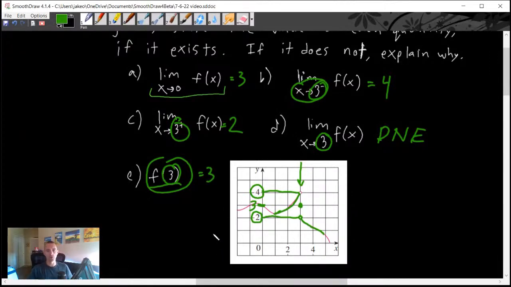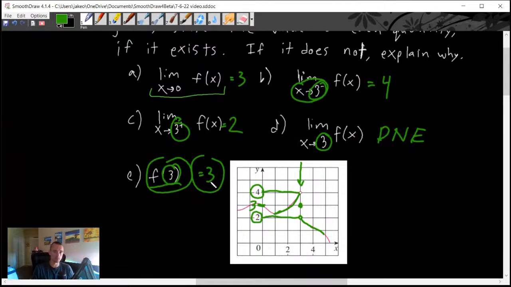So you can see our one-sided limits are 4 and 2. Our two-sided limit does not exist. And then the actual value of our function is 3. So that really just kind of reiterates the point I was making earlier about limits not caring about what's actually happening at that point, right? Because if these one-sided limits did care what was happening to our function at the point x equals 3, our function is 3 at x equals 3.